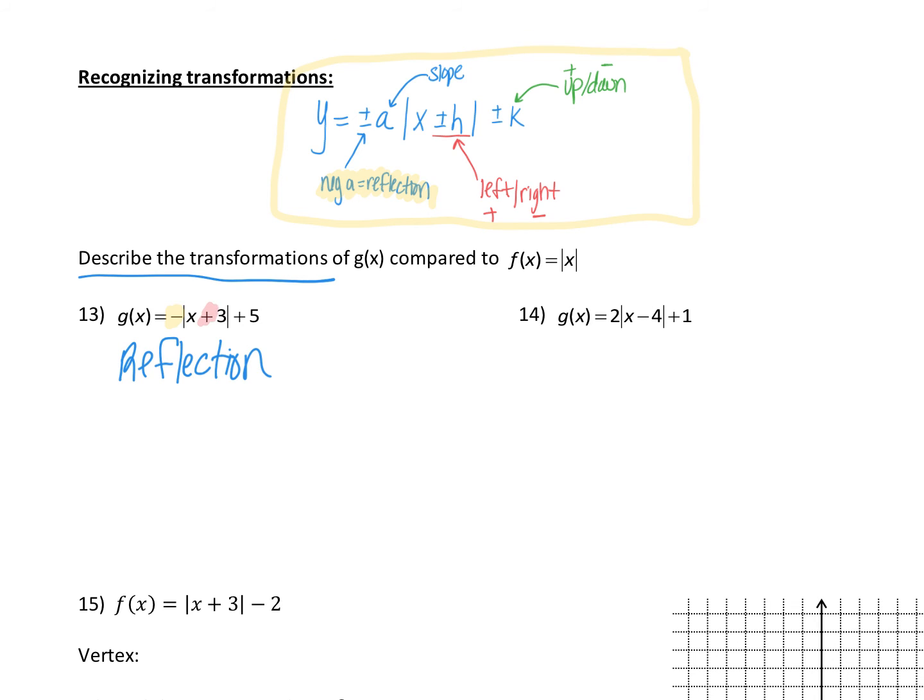The next thing I notice is this plus 3. If I have a plus 3 on the inside, well, inside is always left or right. If it's a plus, then I know it's going to be left. So my next transformation would be left 3. Then I have a plus 5 on the outside. Plus on the outside would mean up. So my last transformation would be up 5.